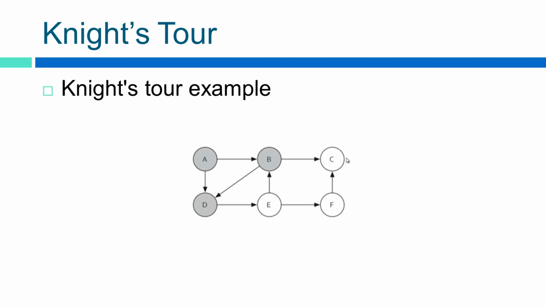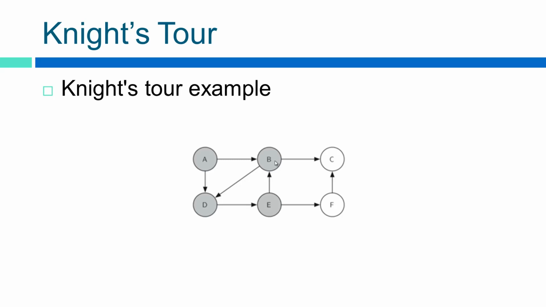So then we go ahead and explore D, and we do that with a recursive call to node D. And from vertex D on, what the Knight Tour function is going to do is continue to make recursive calls until we get to node C again. So it makes another call here.